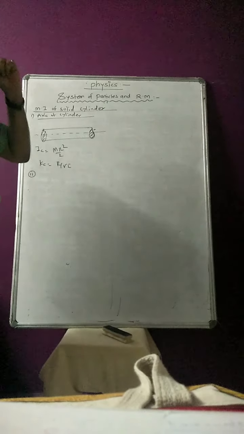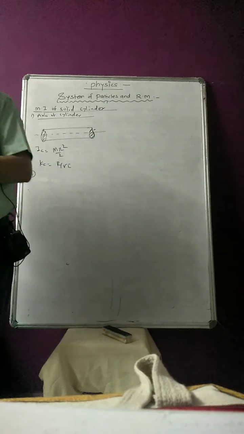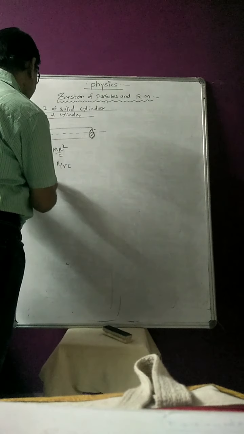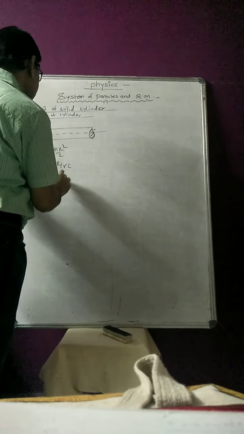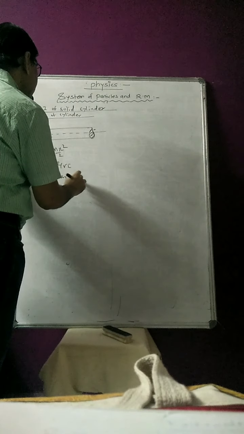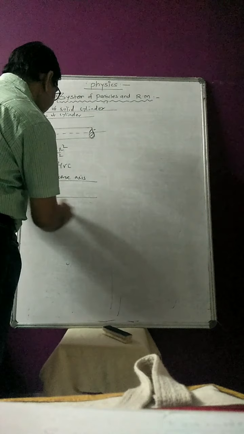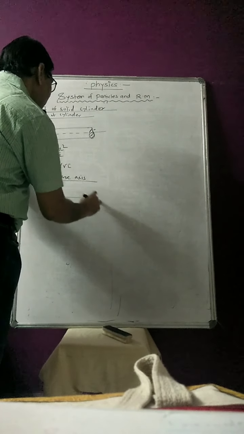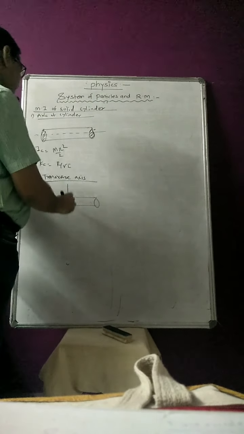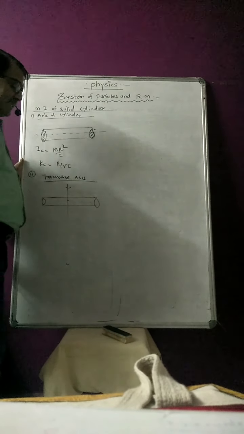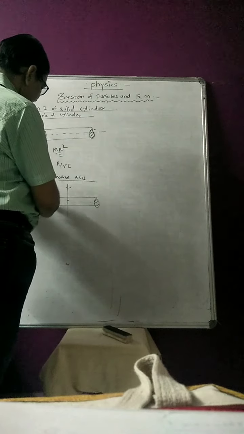Now, once you have calculated about the axis of the cylinder, the next point is about its transverse axis. What will be the moment of inertia about its transverse axis? I will take the axis passing through its center, perpendicular to the length of the cylinder, which is a solid cylinder.